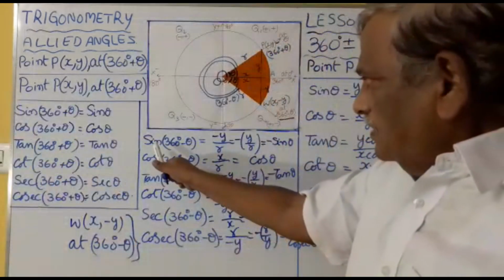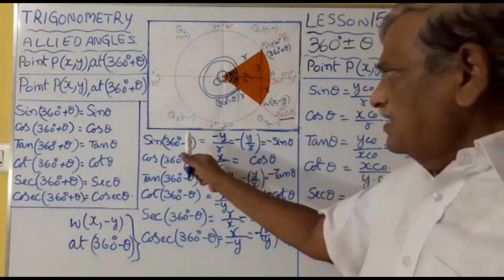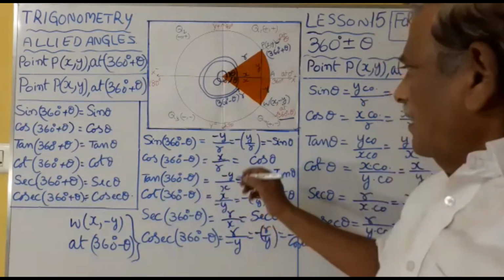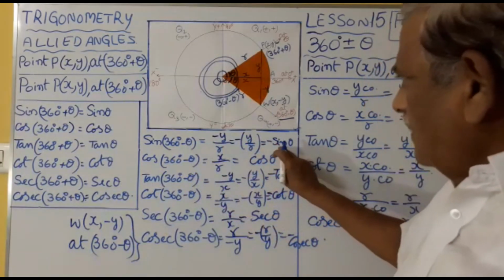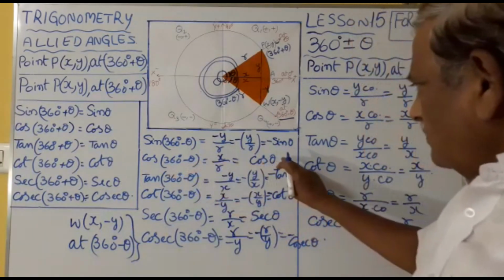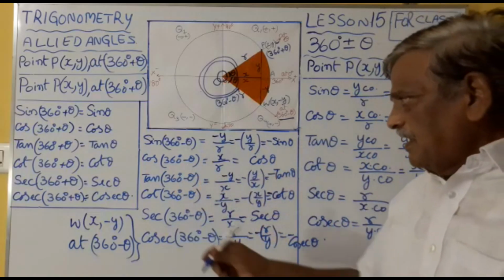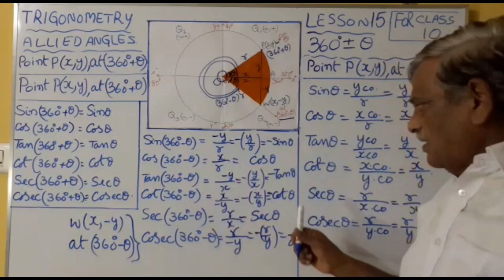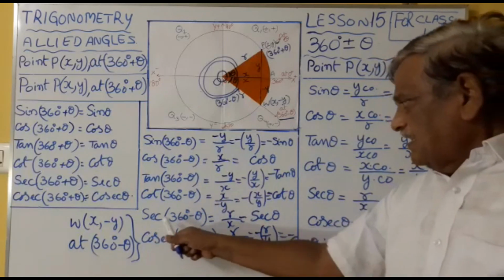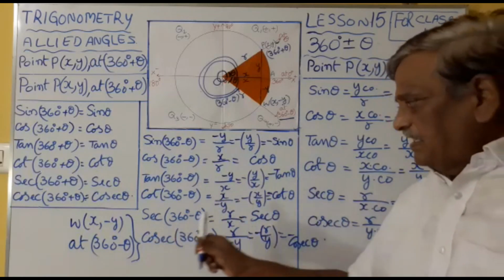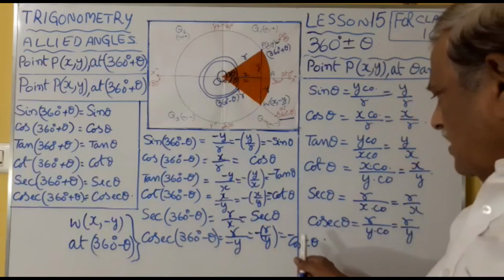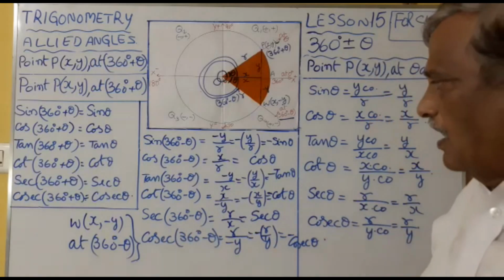But the trigonometrical ratios at 360 minus theta are derived: sin(360 minus theta) is minus sin theta, cos(360 minus theta) is cos theta, tan(360 degrees minus theta) is minus tan theta, cot(360 minus theta) is minus cot theta, sec(360 minus theta) is sec theta, and cosec(360 minus theta) is minus cosec theta.